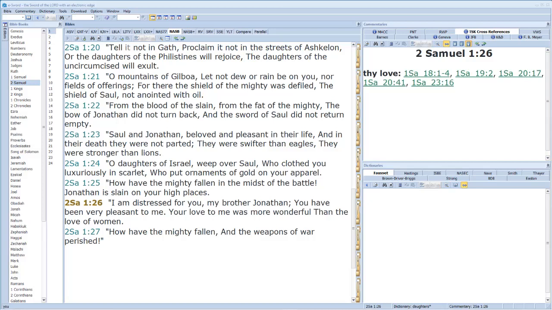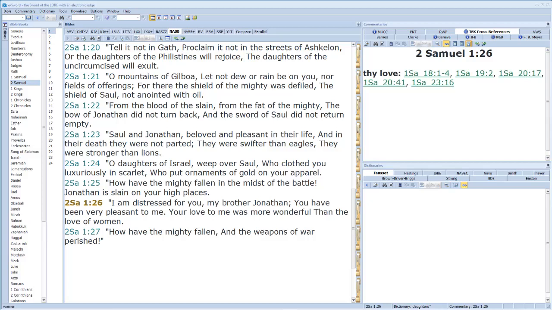And so when David speaks about his love for Jonathan being more wonderful than the love of women, he's talking about his love for another man as men. There's a pleasant relationship that exists between men who are best friends, and there's a special relationship that exists between a man and his wife. And they're different.